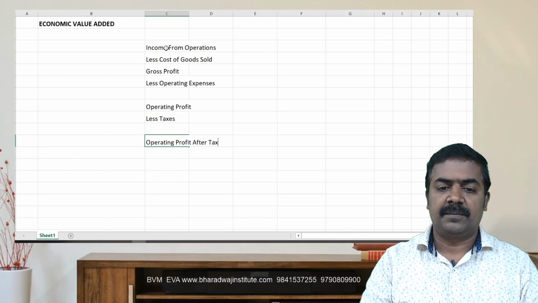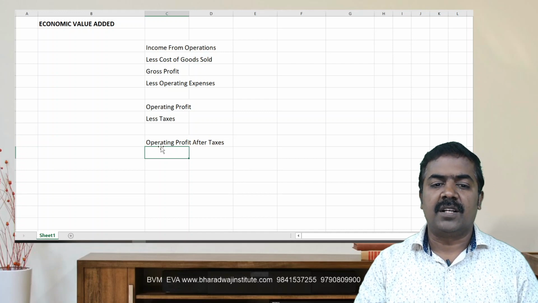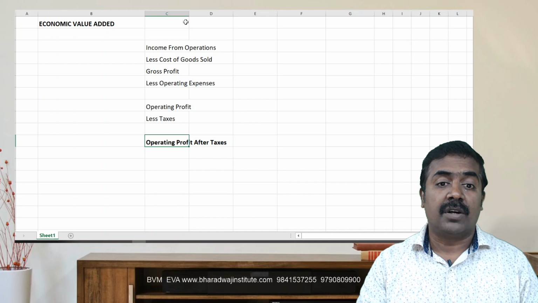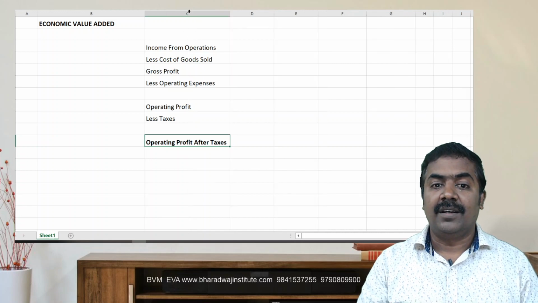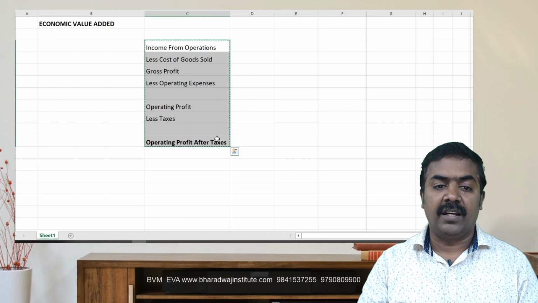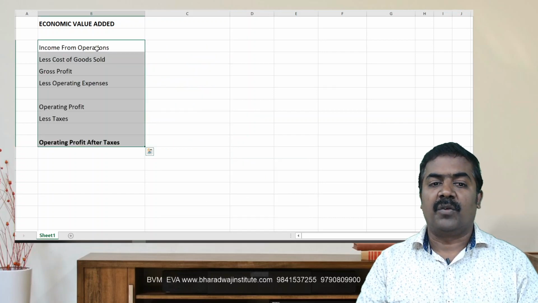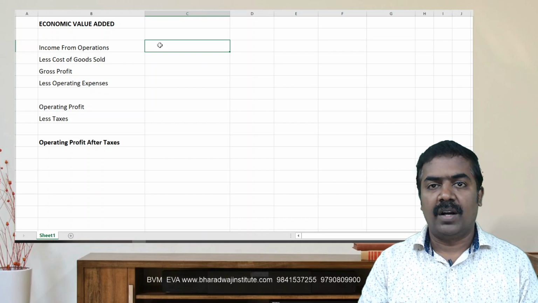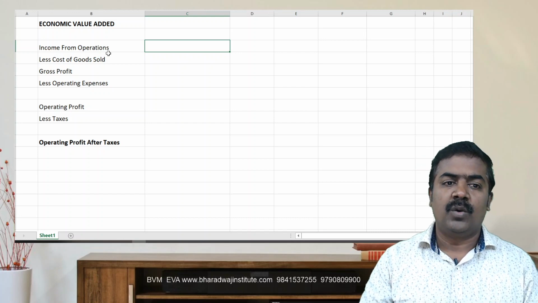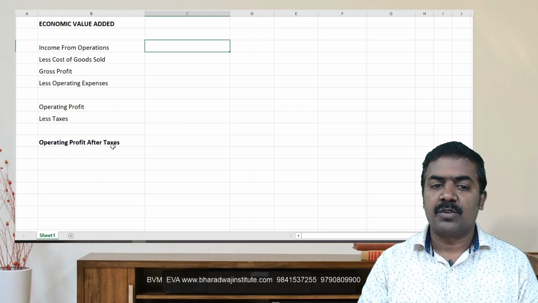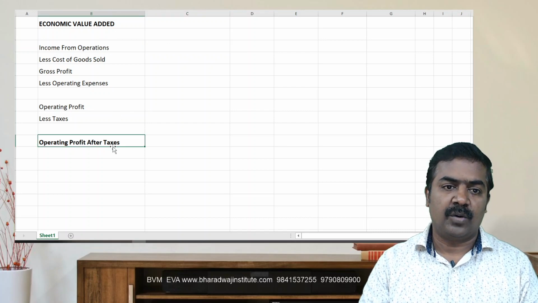For this income statement, I don't consider non-operating items because non-operating items are temporary in nature, and there is no guarantee that you will earn that non-operating income, like income from investments or profit on sale of assets or abnormal items, or some one-time incomes. So we consider only operating items. It's a kind of operating profit statement.